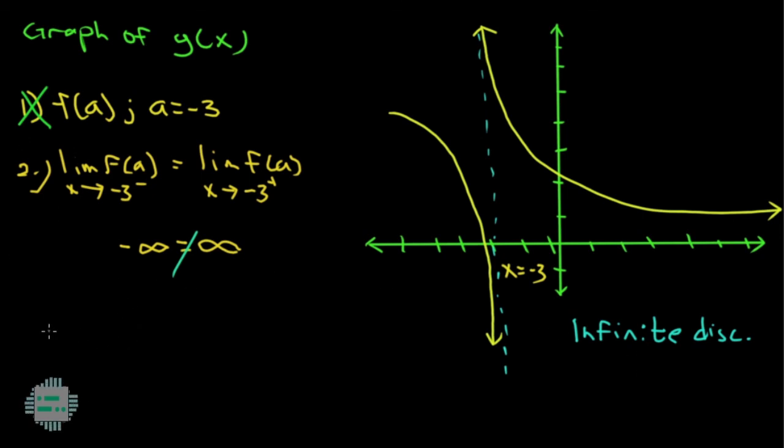Of course, pag chinek mo dito yung tatlong condition, yung third condition niyan, malabo na mag-equal yung f of a at saka yung limit of f of x as x approaches a. So that's the infinite discontinuity.